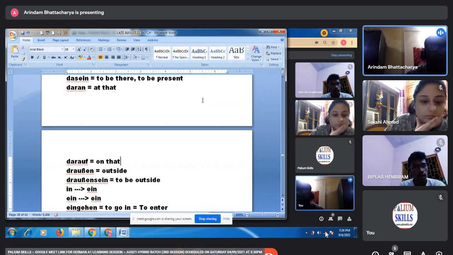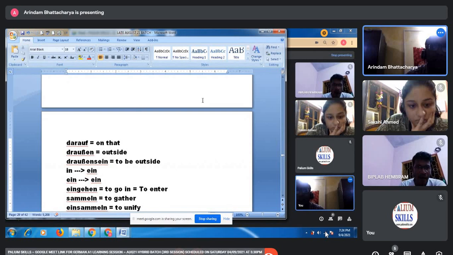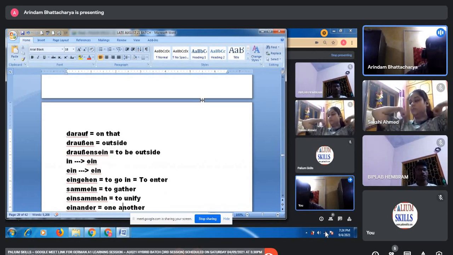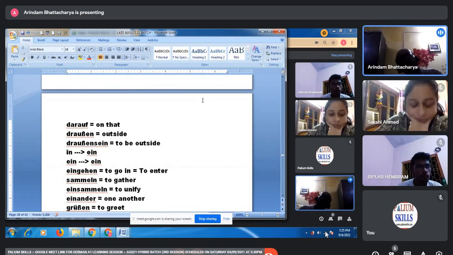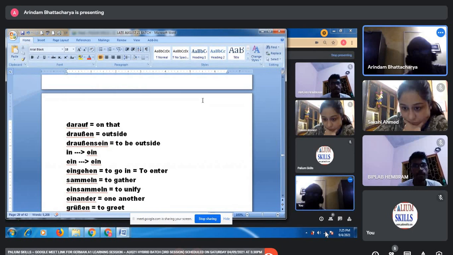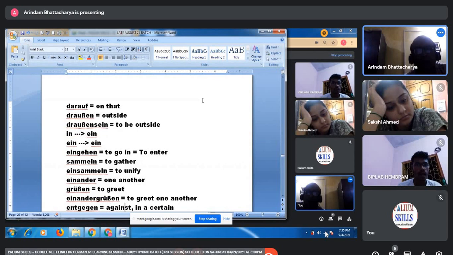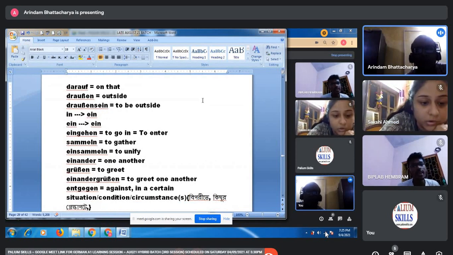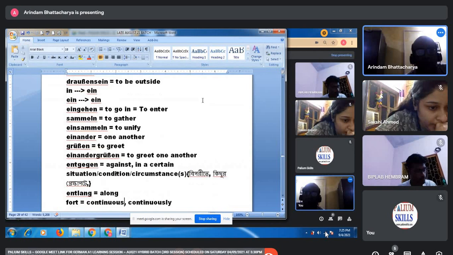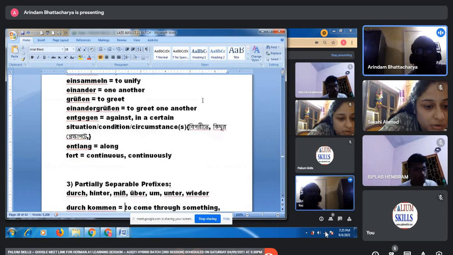Ein is also a prefix. So eingehen means to go in, to enter. Sammeln, to gather. Einsammeln; ein also means the article a, so einsammeln means to unify. Einander, one another. Grüßen, to greet. Einander grüßen, to greet one another. Entgegen means against, in a certain situation, condition, circumstances. Entlang is along. Fort means continuous, continuously.